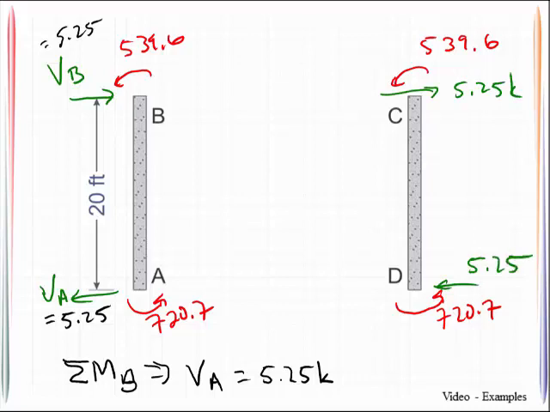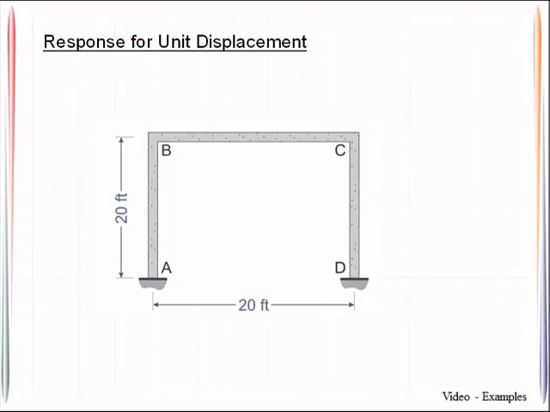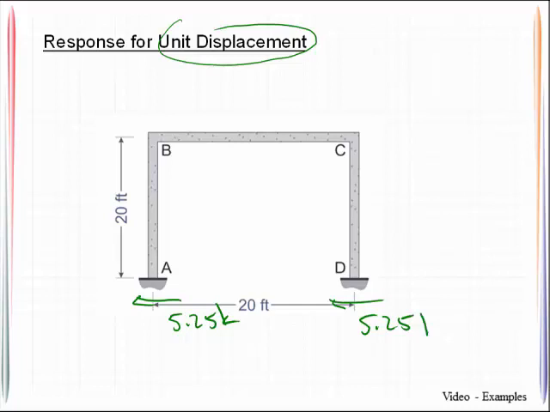Now that I have done that, I can come back here, and this is the response for that unit displacement. I know what the shears are, 5.25 kips, 5.25 kips, and remember we had this roller up here which had a reaction. Summing forces in the x direction, I know that that is 10.5 kips.